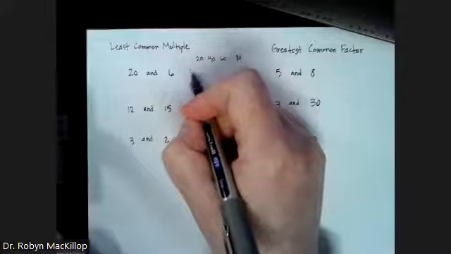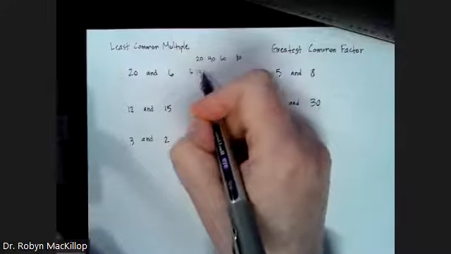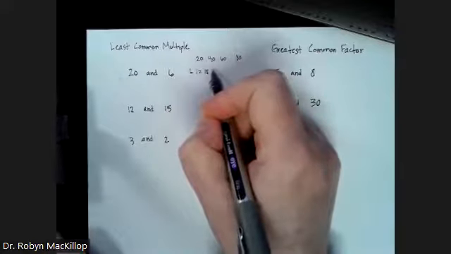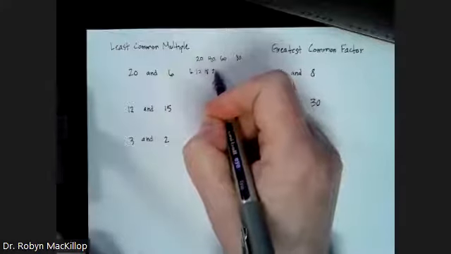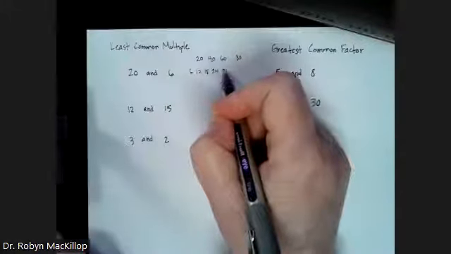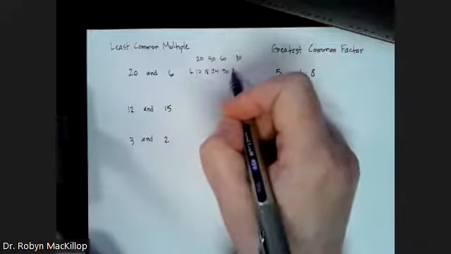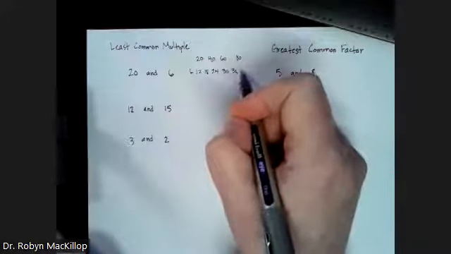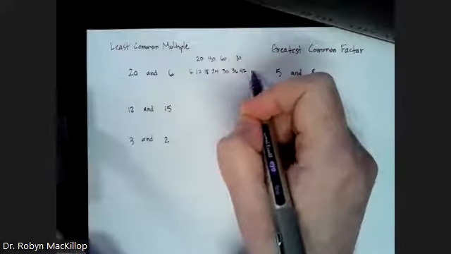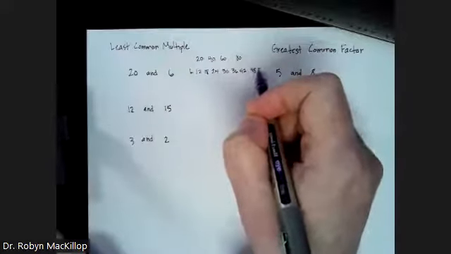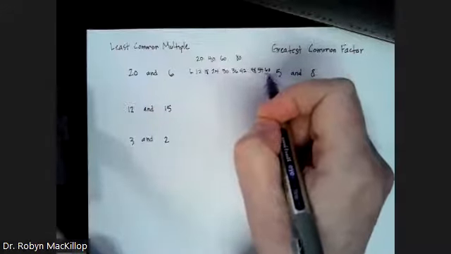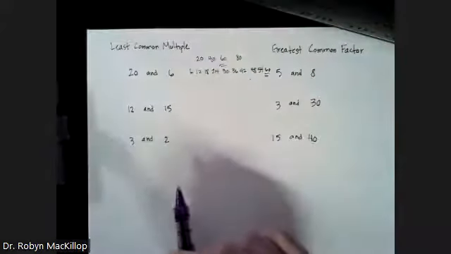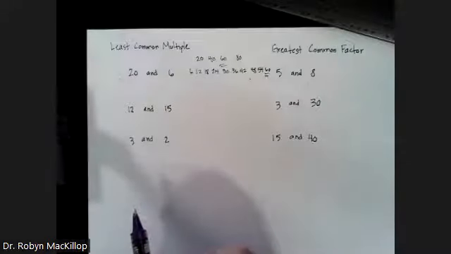Go up by 6s: 6, 12, 18, 24, 30, 36, 42, 48, 54, 60. Oh, wait, 60, 60. 60 is going to be your least common multiple.